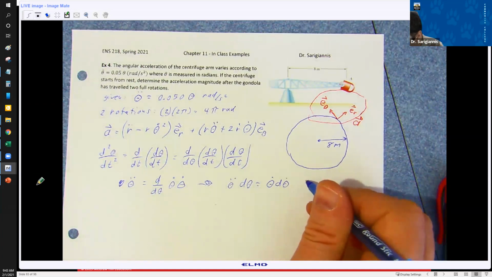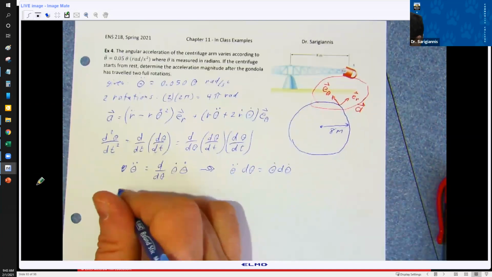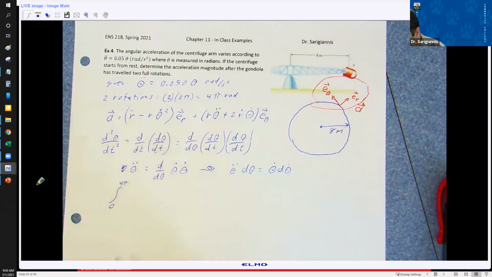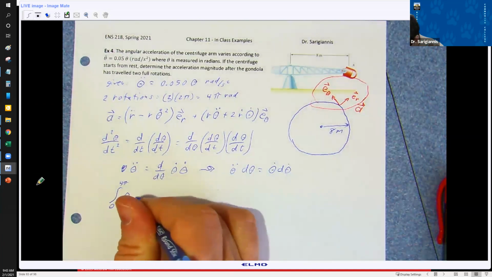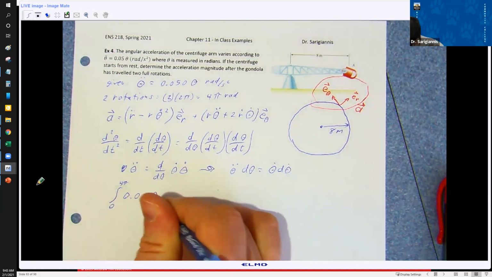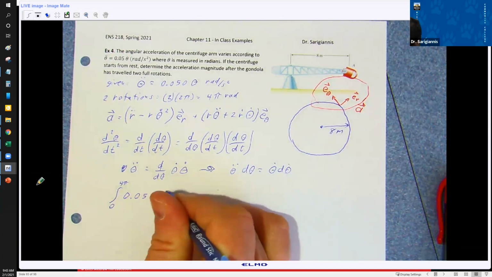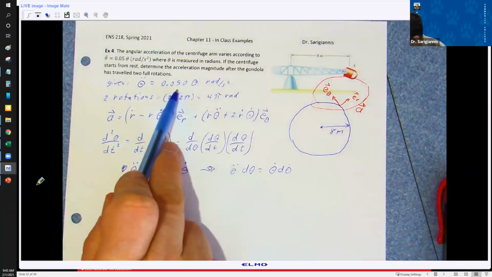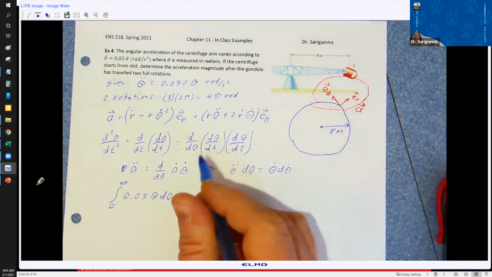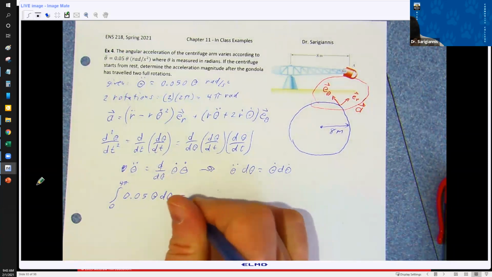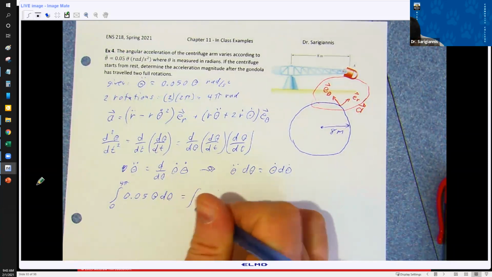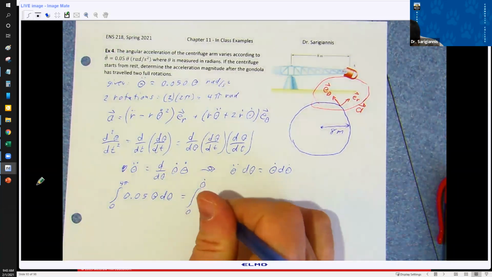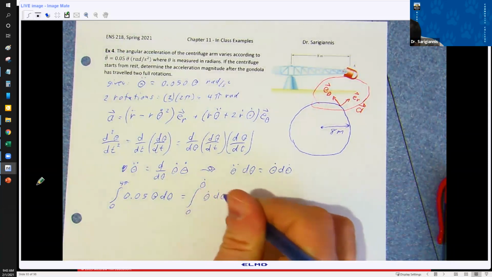From here, you're going to get the integral from 0 to 4 pi of 0.05 theta d theta. This is just plugging in your given information, right? Equal to the integral from 0 to theta dot of theta dot d theta dot.